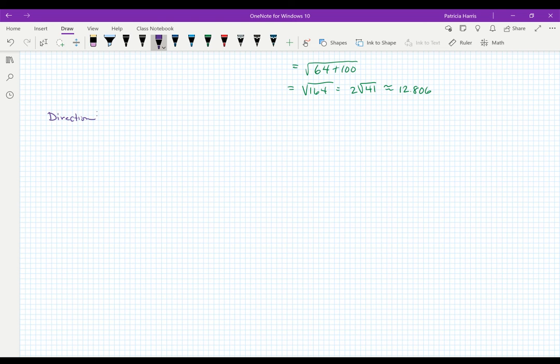Direction is going to be an angle measured from the positive horizontal axis, if you are in standard position.